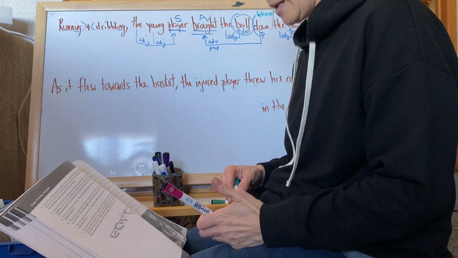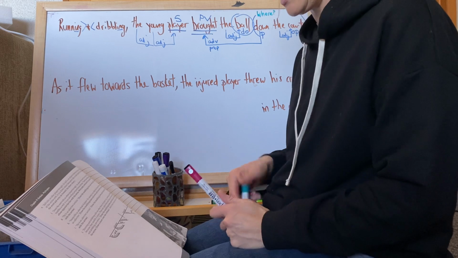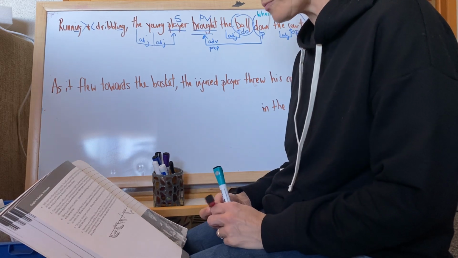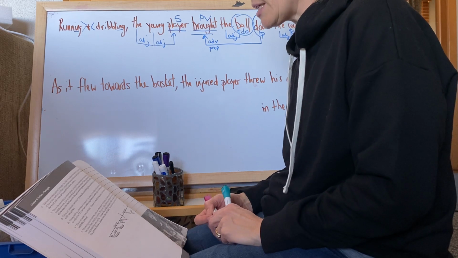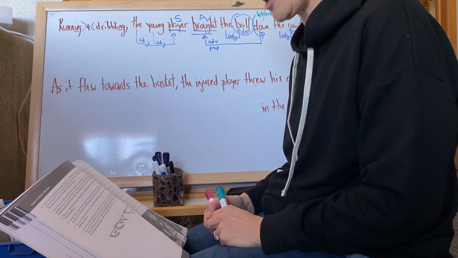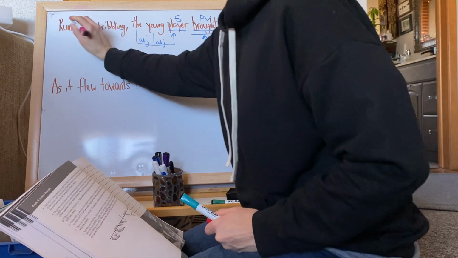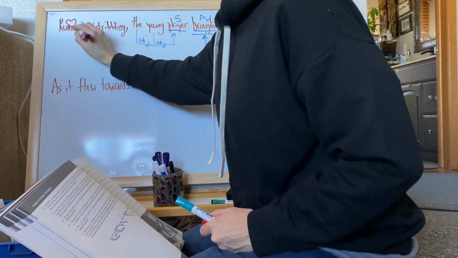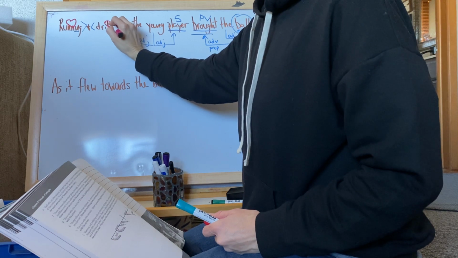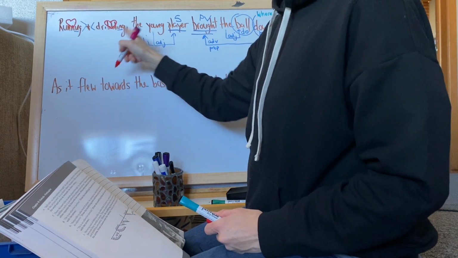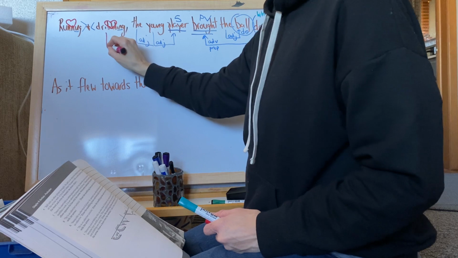So running and dribbling are adjectival elements because they modify a noun. They are adjectives. And they are verbals because the hearts of running and dribbling are verbs. They are action verbs, but here, they are describing the player.